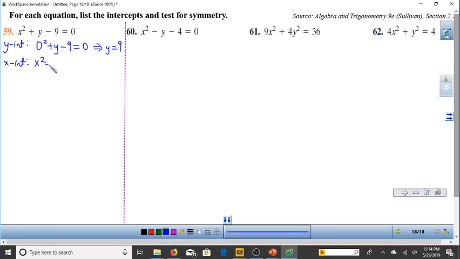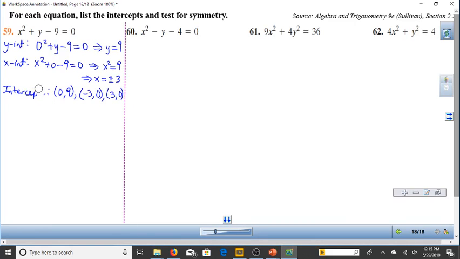So I have x squared plus 0 minus 9 equal to 0, which would mean x squared equals 9. So that means x is either equal to positive or negative 3. So my intercepts here are the points (0, 9), that's my y-intercept, and then we have (-3, 0), that's one x-intercept, and (3, 0) for the other x-intercept.